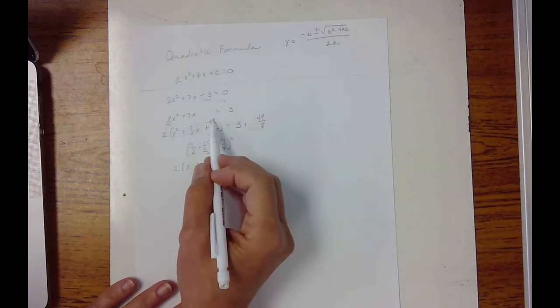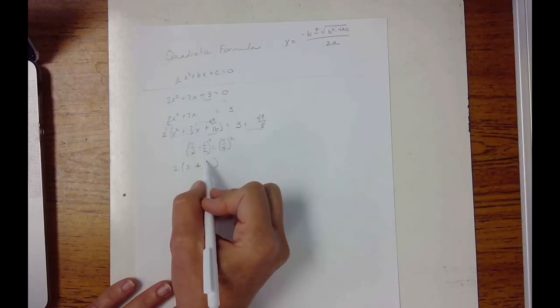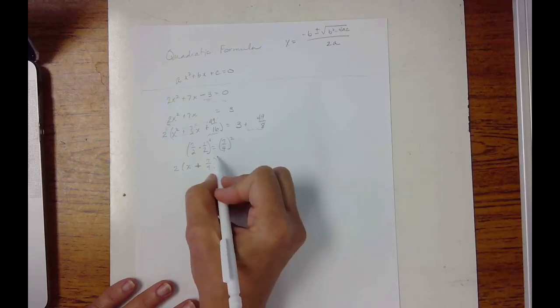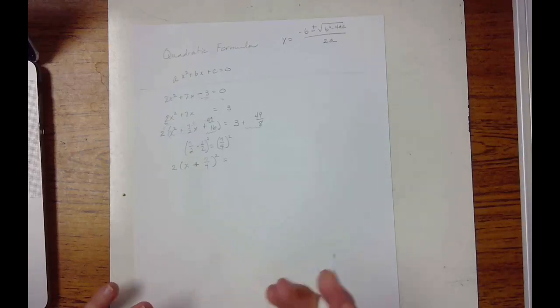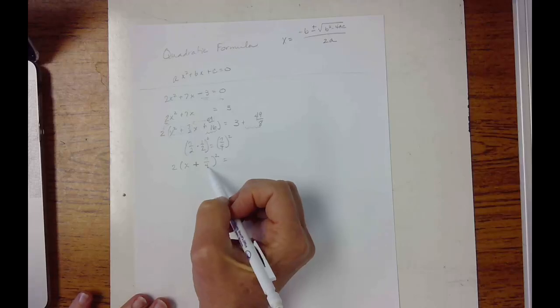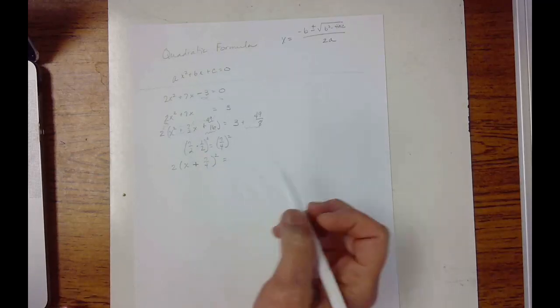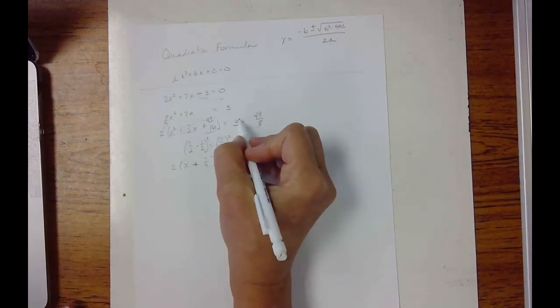If I take the square root of 49 over 16, I get 7 over 4, and then I have the expression squared. Now, 7 over 4 plus 7 over 4 would be 7 over 2. That makes sense because 7 fourths plus 7 fourths is 14 fourths, and then taking the 2 out of both of them, you go back to 7 halves.